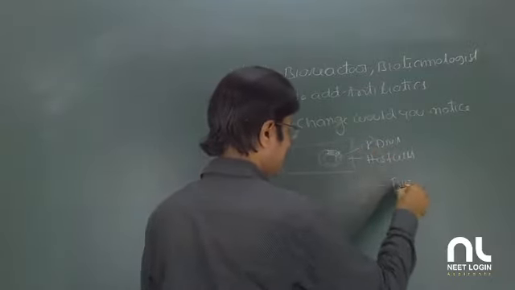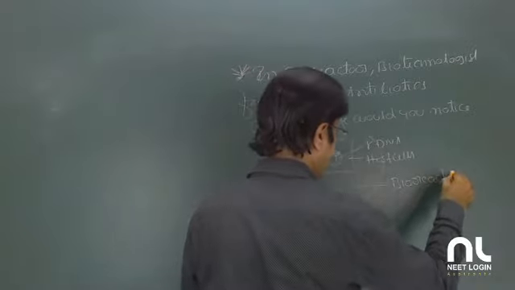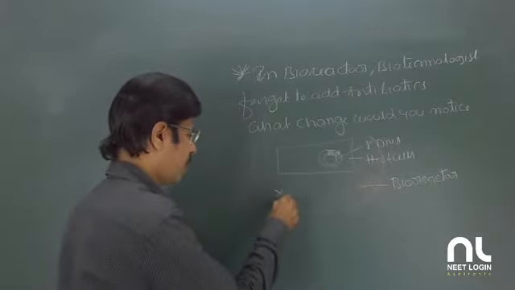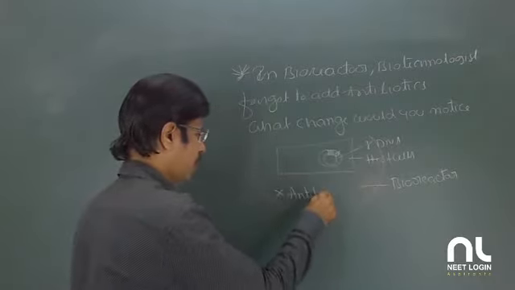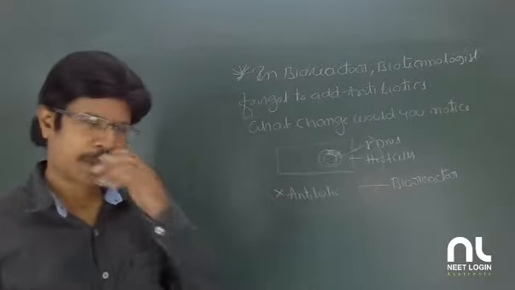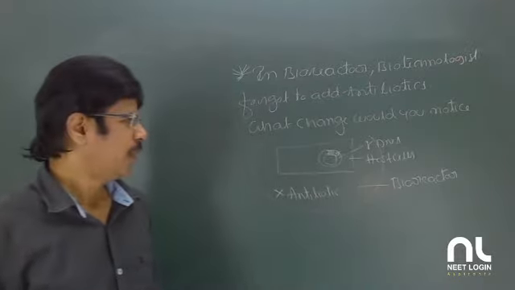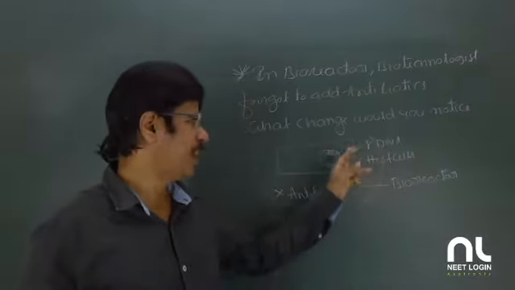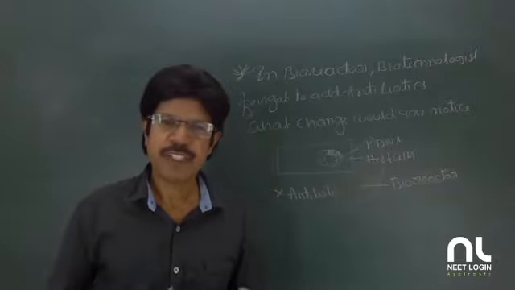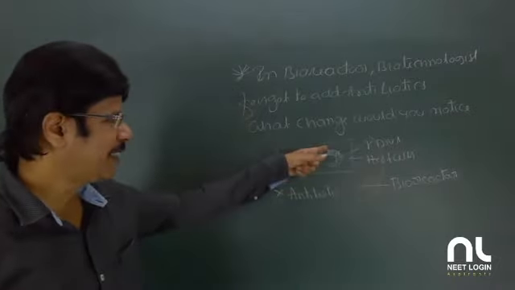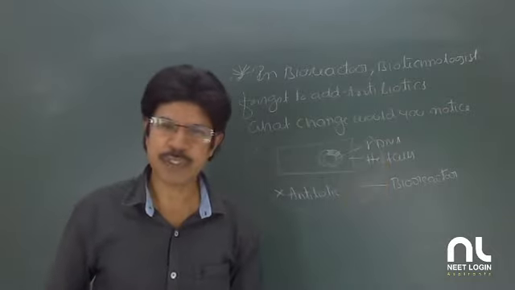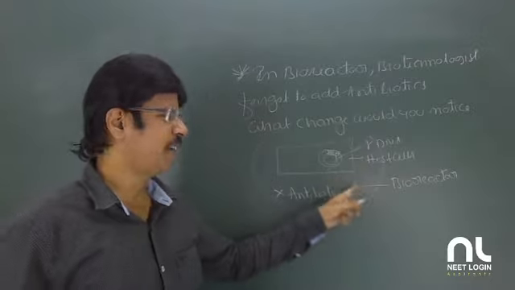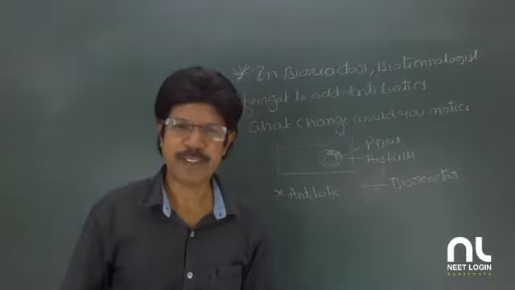Now it is in the bioreactor. If there is an antibiotic, there is a tremendous pressure to retain the recombinant. If there is no antibiotic, there is a great metabolic burden on the part of the host cell. The rDNA host cell tends to lose the rDNA if there is no antibiotic.